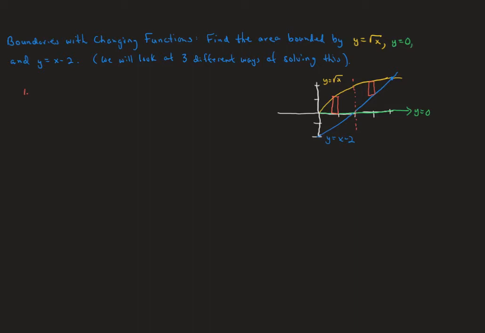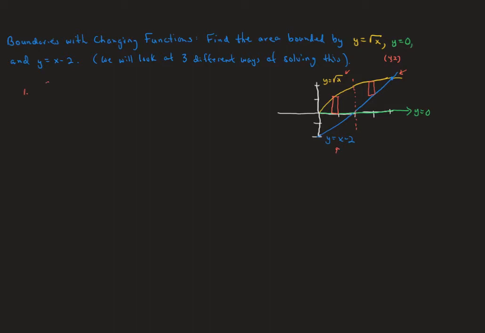This will continue until we get to our point of intersection, and I think from the graph you can see it looks like it's going to be at x equals 4, and we can convince ourselves if we plug 4 into the yellow square root of x, the square root of 4 is 2, so on the yellow curve that's going to be the point 4, 2, and if you do that with the blue curve, plugging in 4 for x, it will also give you 2 for y, so that is indeed the point of intersection, 4, 2.